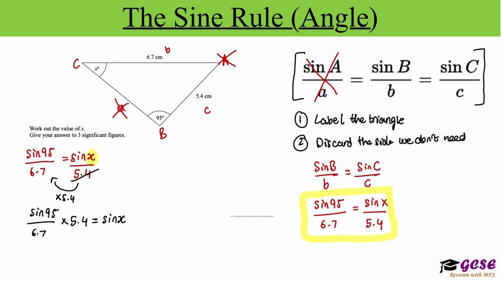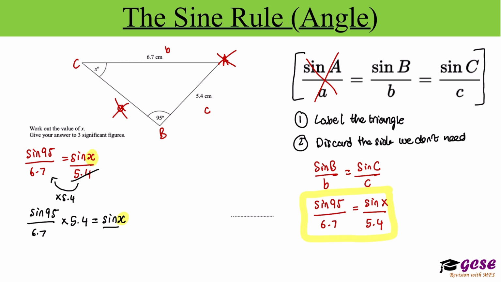But again, we don't want sine x, we want just this x. And in order to get that x, we need to get rid of this sine. How are we going to do that? Well, the opposite of sine is inverse sine. Remember, if we want to get rid of anything, we need to do the opposite of it.